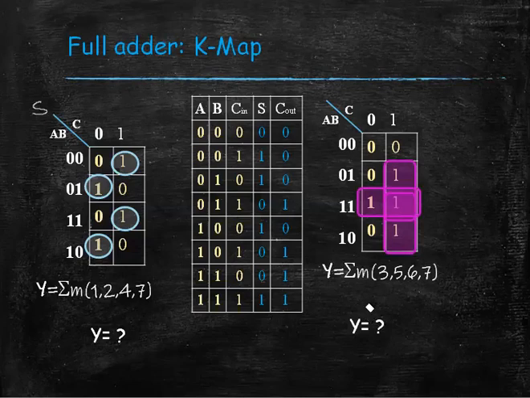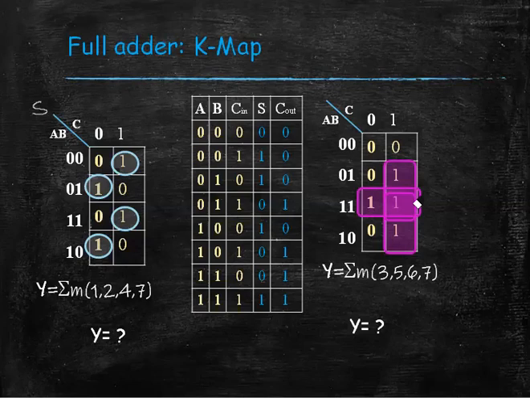Okay, let's look here. It is for AB, A is high and B is high, and C is changing.